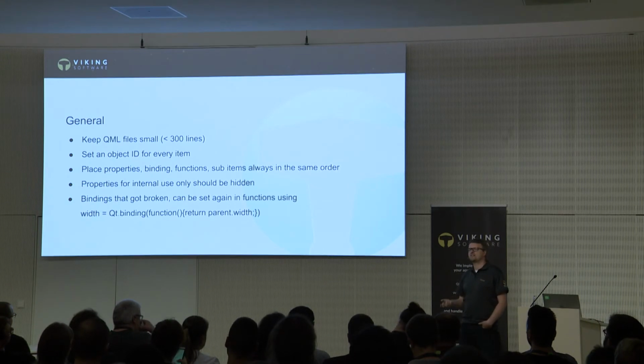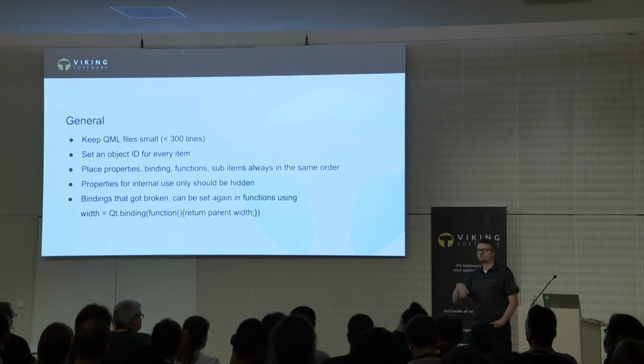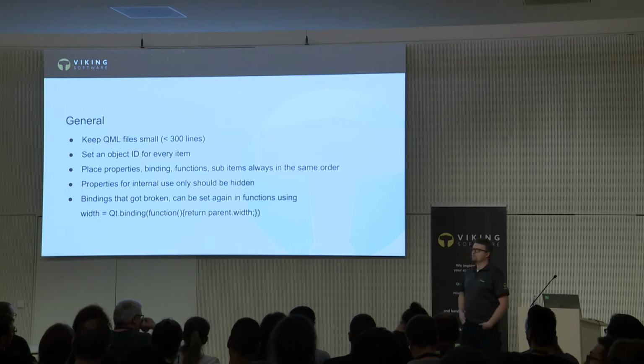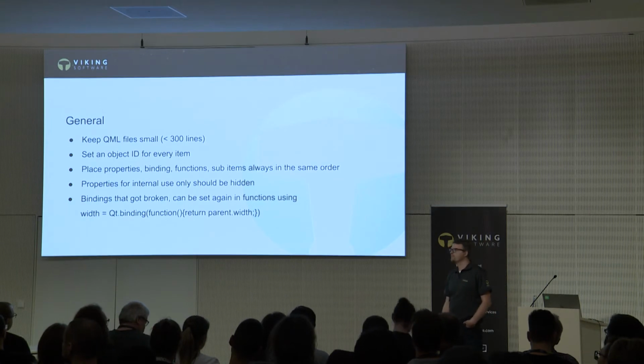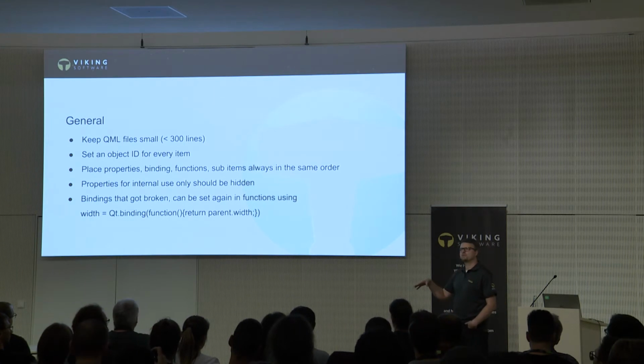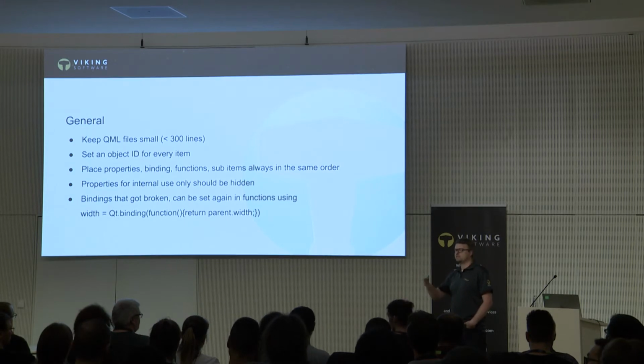So you just set the ID to mouse grabber or some descriptive name, so you know that's what it's used for, as this mouse area won't otherwise show what it does. So as a rule, I set an ID for every item. And the root item I always call root, so if I want to reference the root item, it's root.